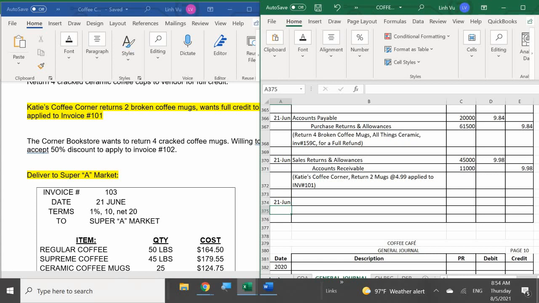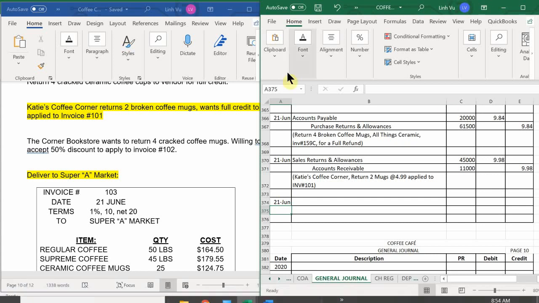So, Albert did it again. Another customer complained about receiving 4 broken coffee mugs. So we're going to do the same transaction that we did earlier, besides the number.